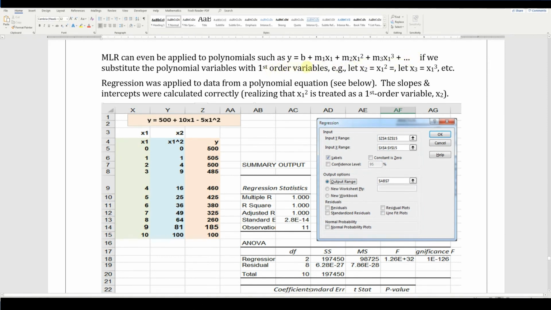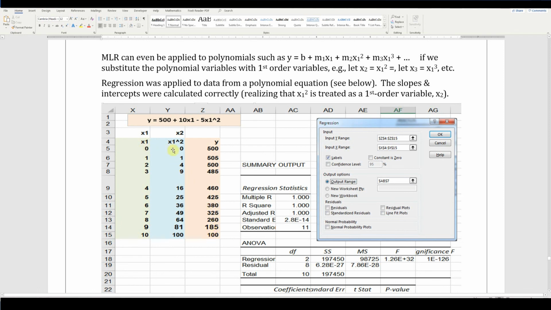So I'm emphasizing the 1. You can see that there's only one independent variable in this polynomial equation. Now we can do this if we substitute first order variables for these polynomial variables. For example, let's say x2 is equal to x1 squared. Let's say x3 is equal to x1 cubed. Let's say x4 is equal to x1 to the fourth power, and so on.